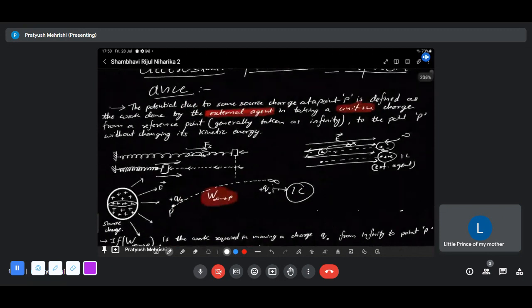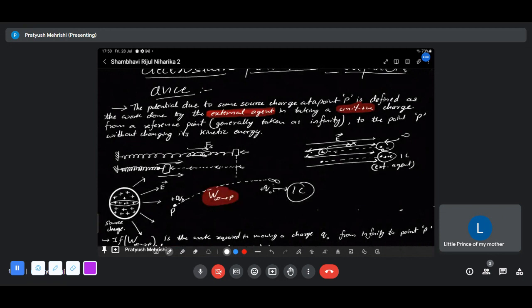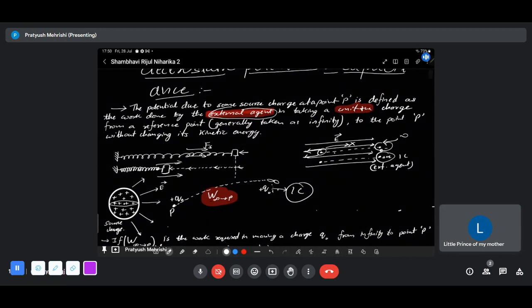Potential due to some source charge at a point P is defined as the work done by the external agent. Always remember that. In the definition, it is work done by the external agent in taking a unit positive charge. Now, why positive charge? Because generally we took the direction of current, when electricity and electrostatics were being developed, to be the direction of positive charge.